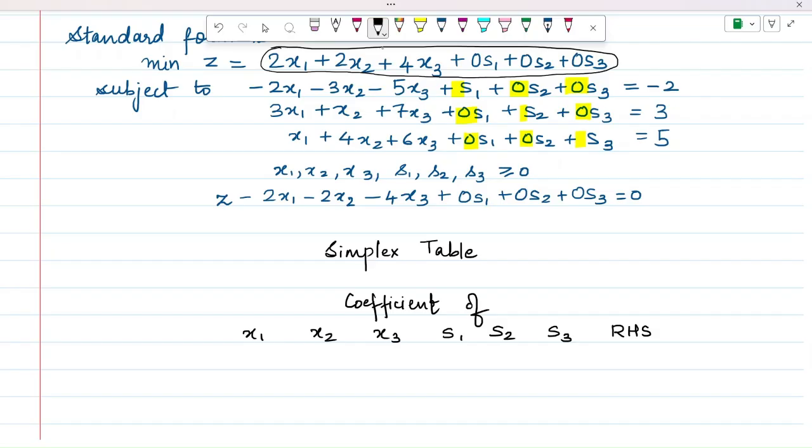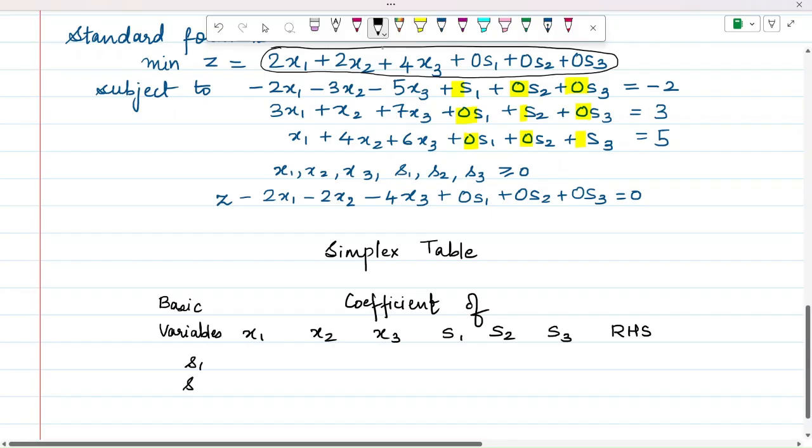On this side, we'll have the basic variables. So now let's understand, because there are 3 constraints, we'll have 3 basic variables. And generally we begin with the slack variables S1, S2, S3 here. Before that, there has to be a Z row, which is also a basic variable. So S1, S2, S3 and the Z row.